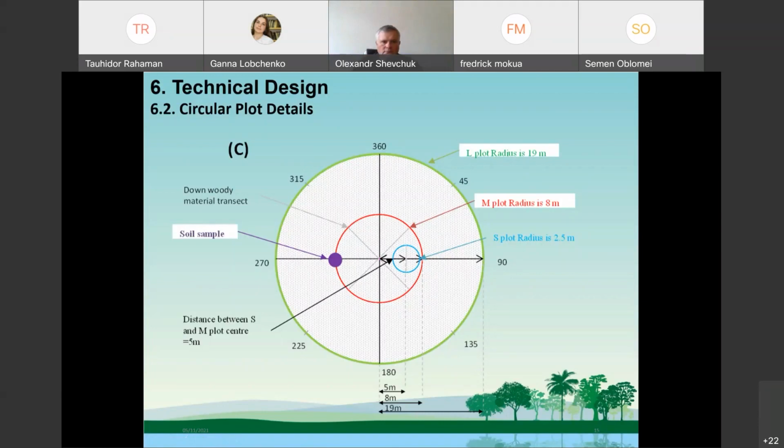From the subplot center, if we go in the 270-degree direction, after 8 meters, we took soil samples from there. So we took samples for bulk density, and we took samples for soil texture also. And in the same place, we took the litter from a 1 meter grid.